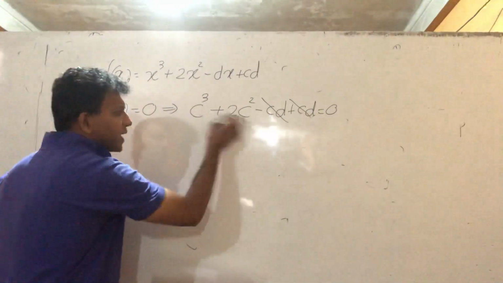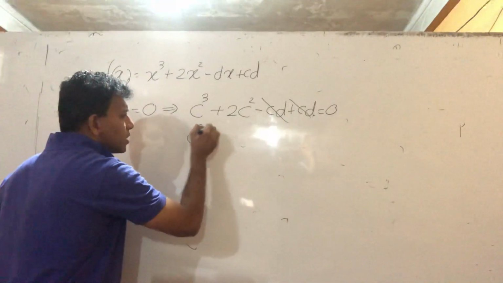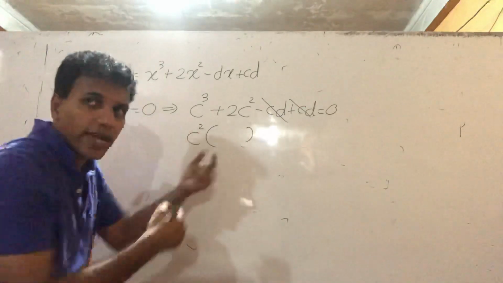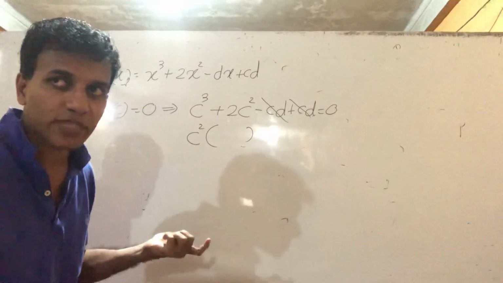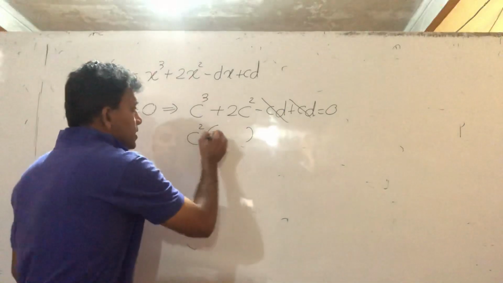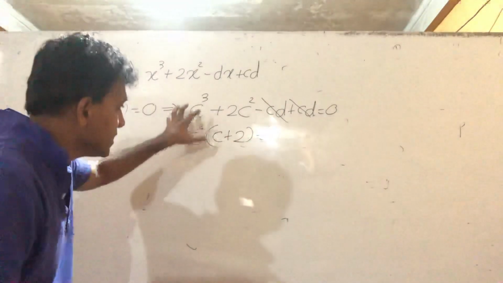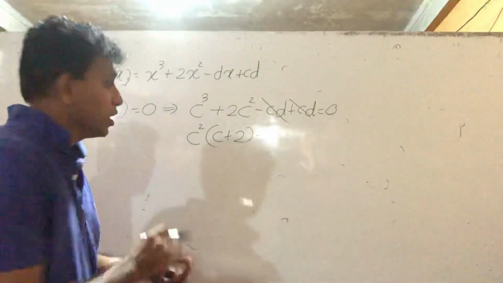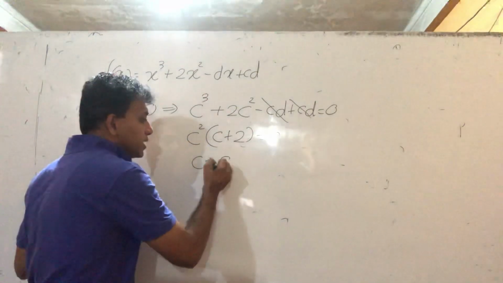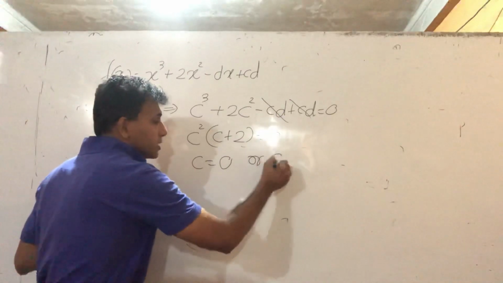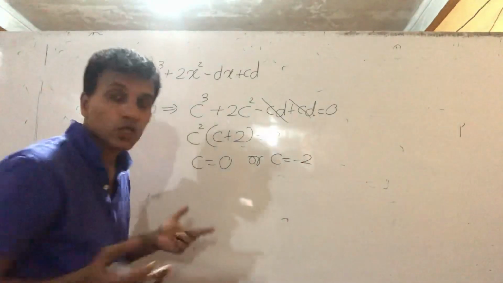So here take the c squared out, as you factorize in all your mathematics. So c squared times c plus 2 is 0. This is 0, or that is 0. Therefore c equals 0 or c equals minus 2.